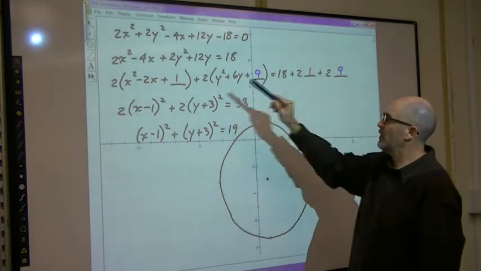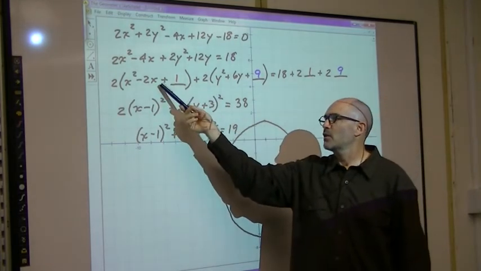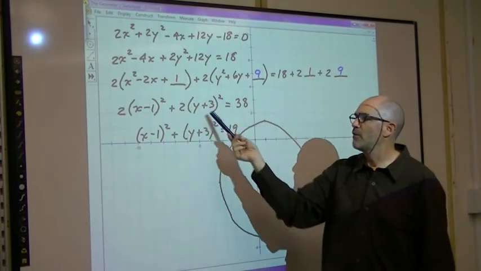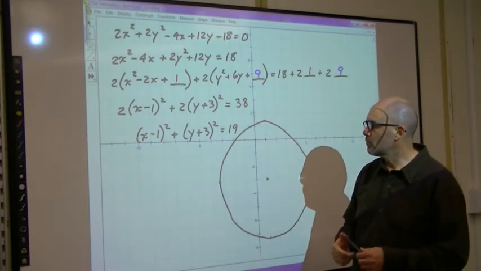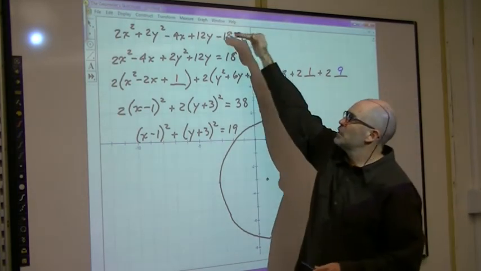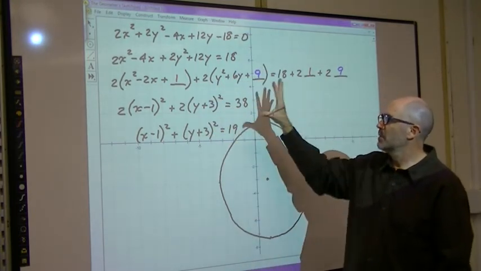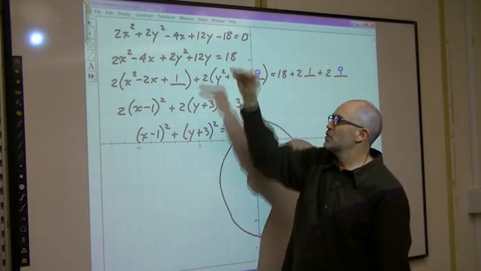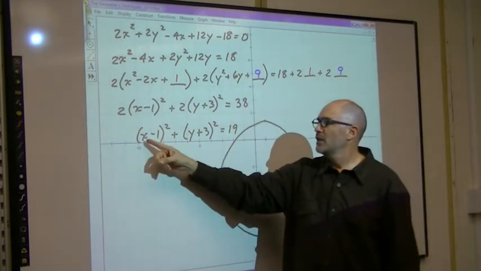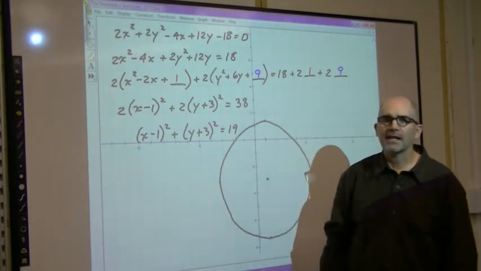Make sure you add whatever you added to the left to the right, and then factor the perfect square trinomials into the square of a binomial, and now we have standard form. So going from general form to standard form is completing the square. Going from standard form back to general form would be just distributing your x's and y's and then combining like terms.